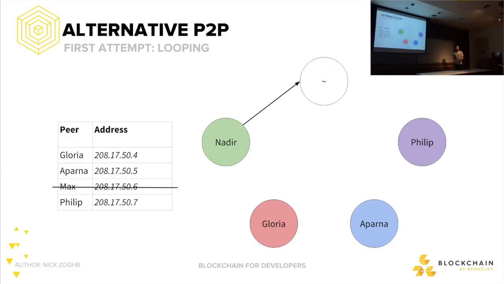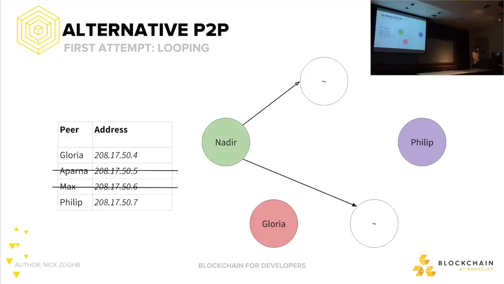Yeah, he's up. Day 3, Max, are you up? Yeah, I'm up. Day 4, Max is down, so I know not to waste my time on day 20 looking to Max for Bitcoin.jpg. Does that make sense? Awesome. All right. So poor Nadir, still looking for Bitcoin.jpg, still doesn't find it.